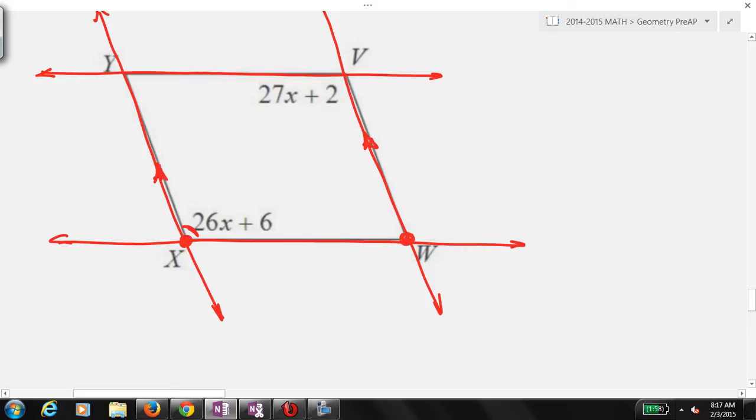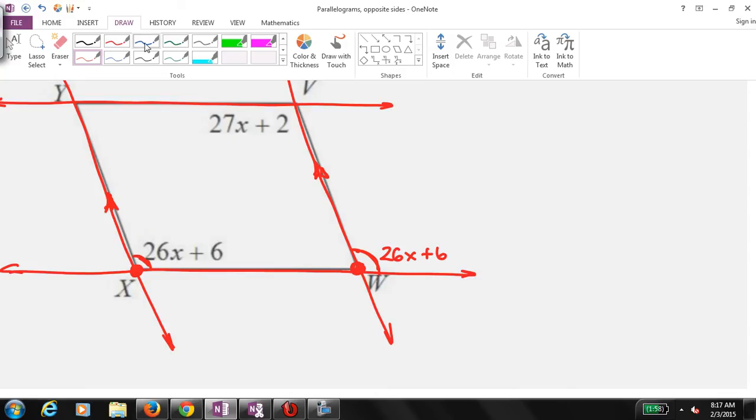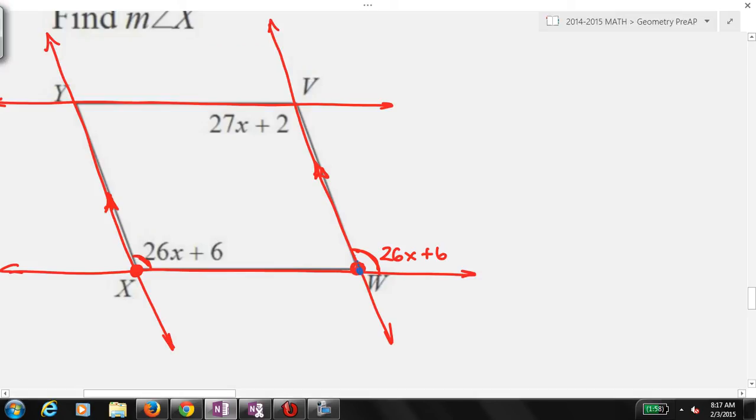I'm going to go over here to W, and it corresponds with this location over here. So I'm going to put 26x plus 6. And then the same thing. Now I'm going to go ahead and shift over from here. I'm going to move up to V, and it's going to show up over here, 26x plus 6. And now these two angles are across each other. What do I call that?